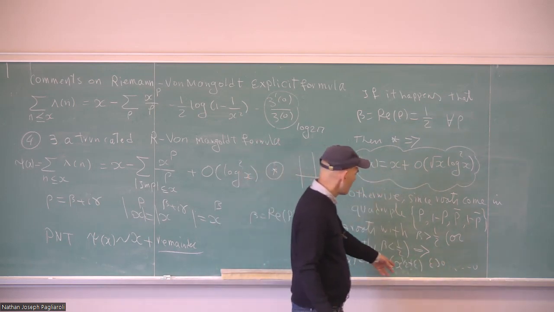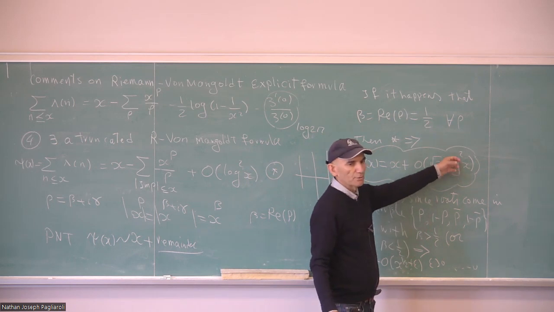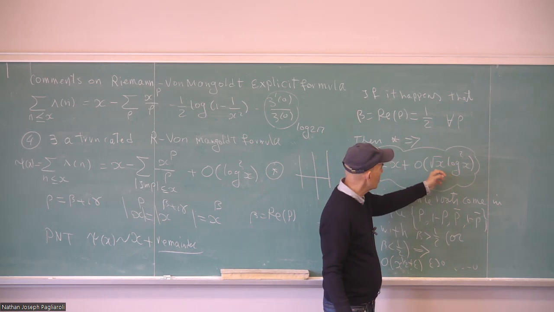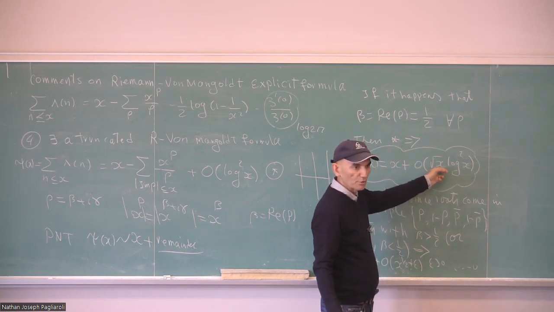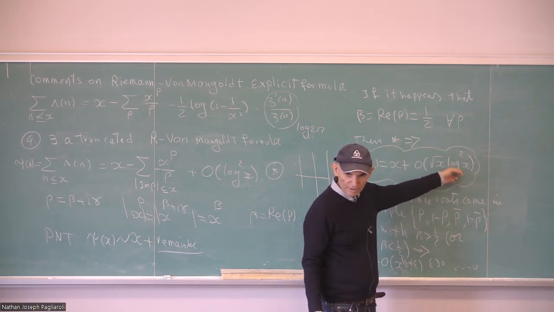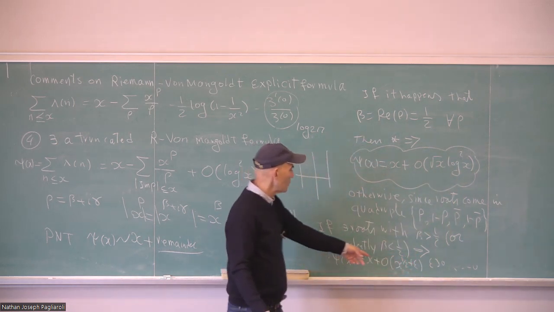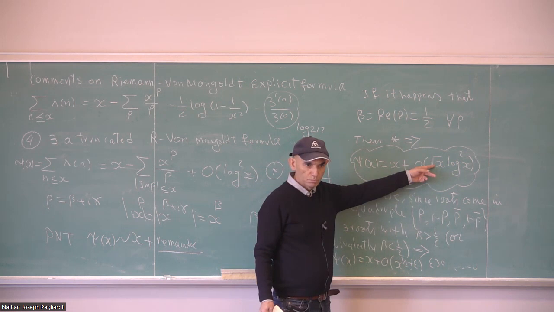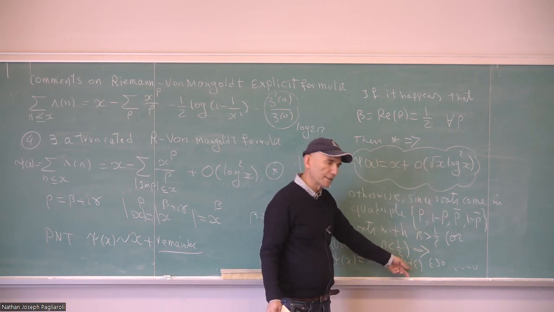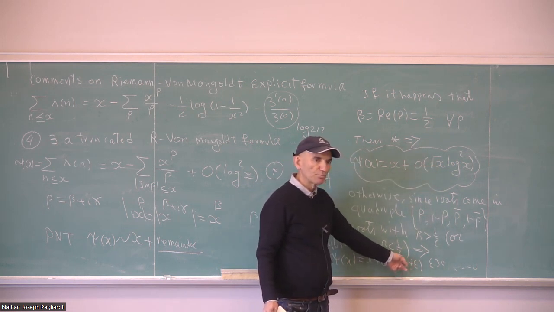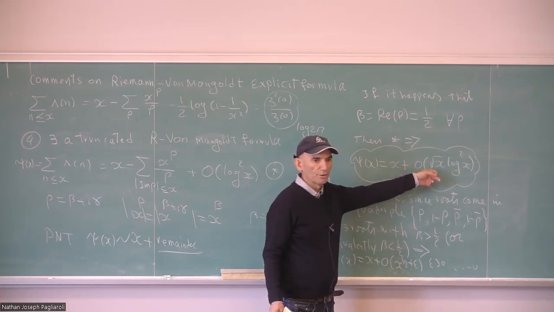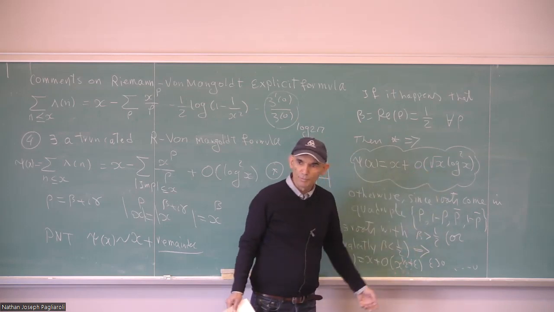Because root x is bigger than log squared of x anyhow. Here, with this root x, you cannot do anything, so you have to accommodate that extra factor. This is the best you can do, and this is a much bigger number than that one. Because here, again, you have root x to the power epsilon. This is bigger than log squared of x. You cannot do better than that.